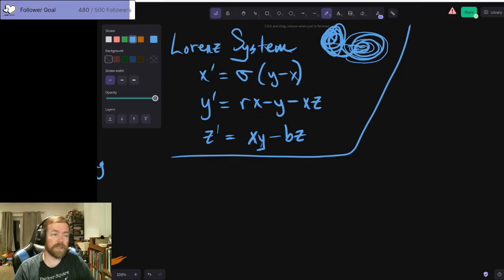And when they did, they got these things, where the Lorentz system is almost stable, right? It stays within a certain distance of the origin. And there is actually a limit to it where you could plug in numbers and figure out what the maximum value you could possibly get is if you start within a reasonably small area.